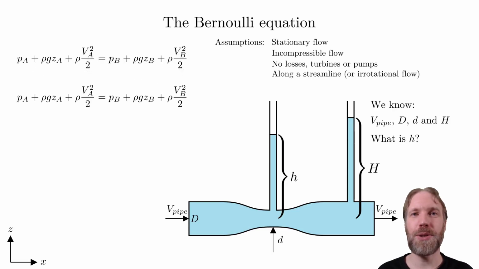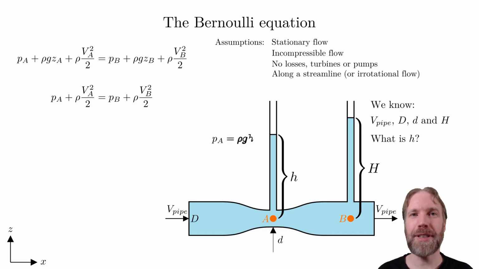The first thing to do when solving problems with Bernoulli is to choose points A and B. Place point A at the narrow section, place point B under the right pipe. If we assume that the center line is a streamline and no losses, this should be okay. Both points are on the same altitude, hence these cancel.